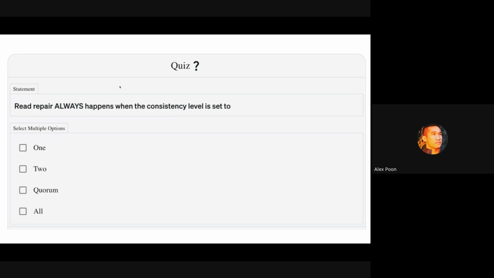The majority of folks picked quorum, but the answer is actually ALL.